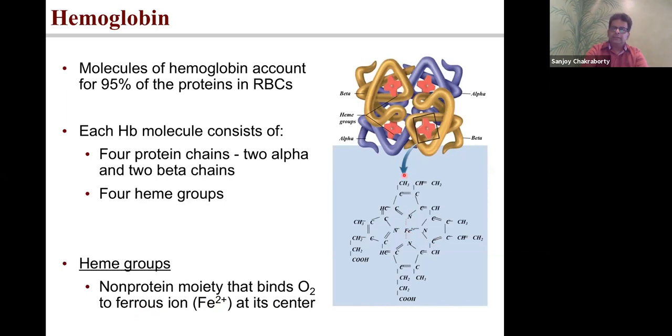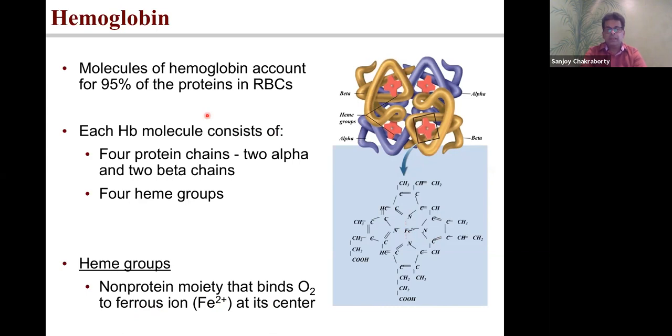So technically speaking, one hemoglobin molecule can bind 4 oxygen molecules. And if we have 280 million hemoglobin molecules in a red blood cell, each red blood cell can carry 1 billion molecules of oxygen.